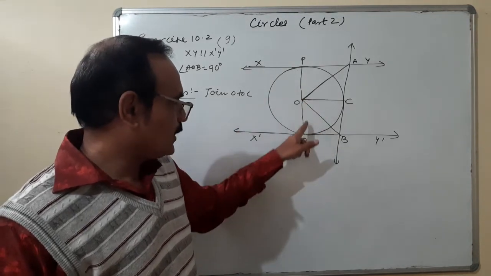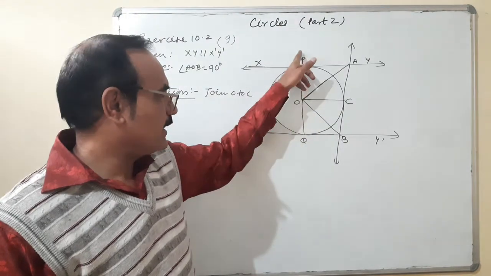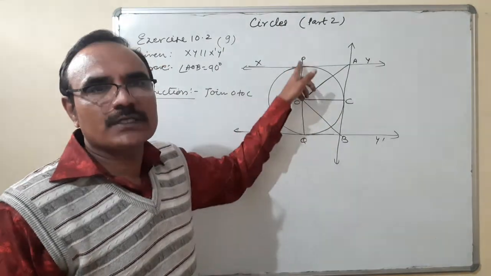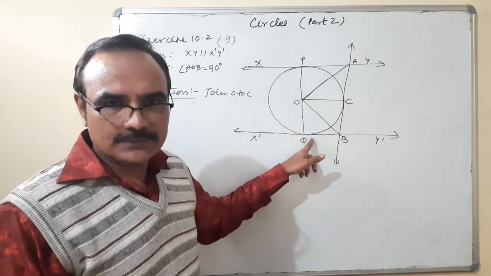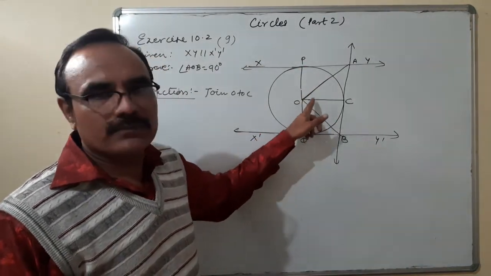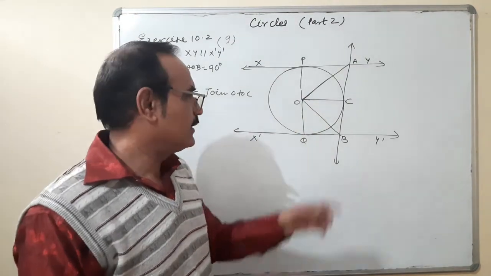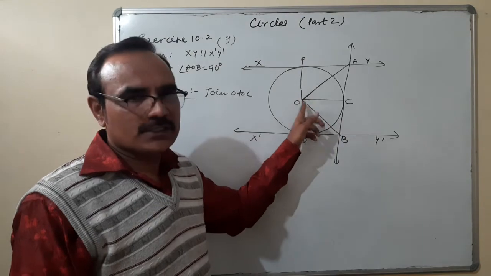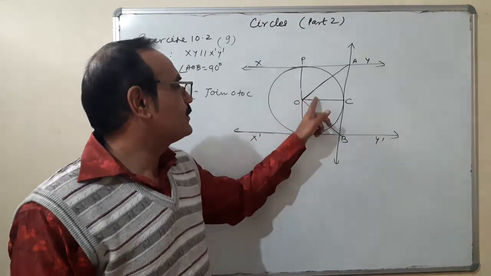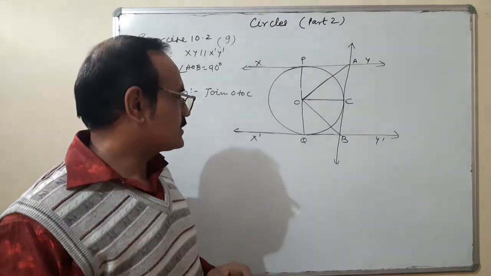Since POQ, the two lines are parallel tangents and pass through the center, this is a diameter, so it becomes a straight angle, and the sum of angles on a straight line is 180 degrees. So this plus this is equal to this plus this is equal to 180 degrees, and we'll prove that the term is equal to 90 degrees. So this is the outline of it.